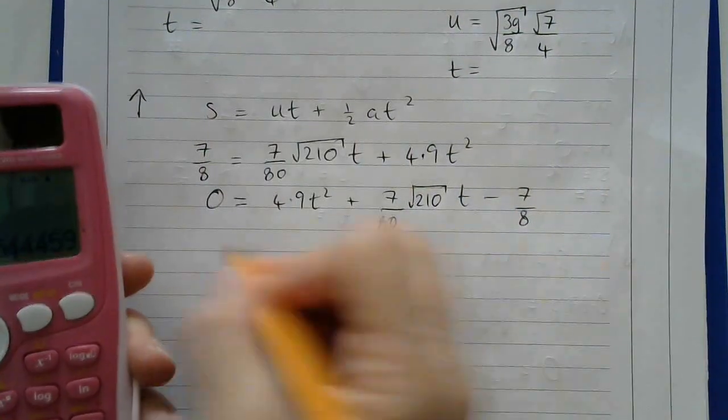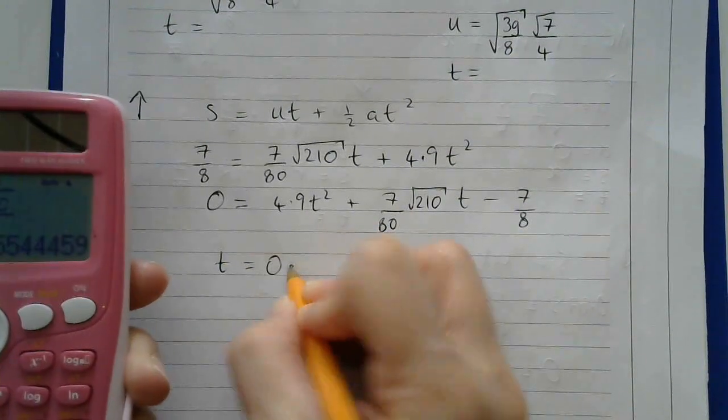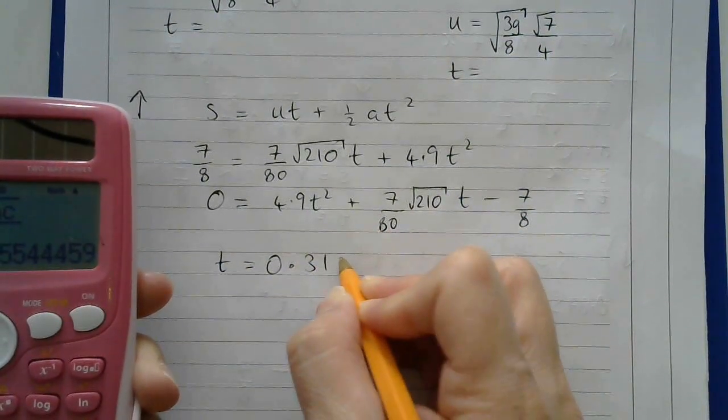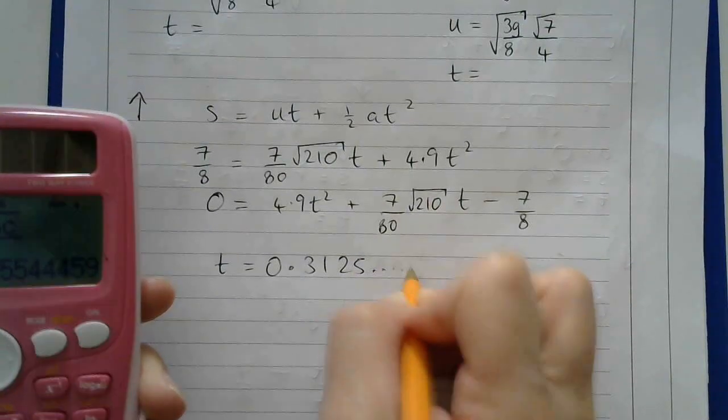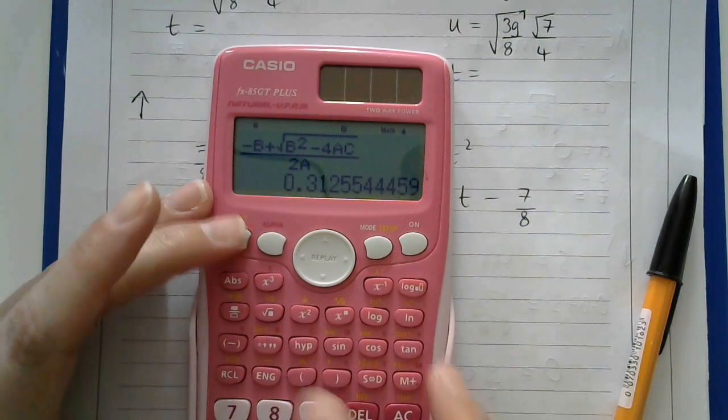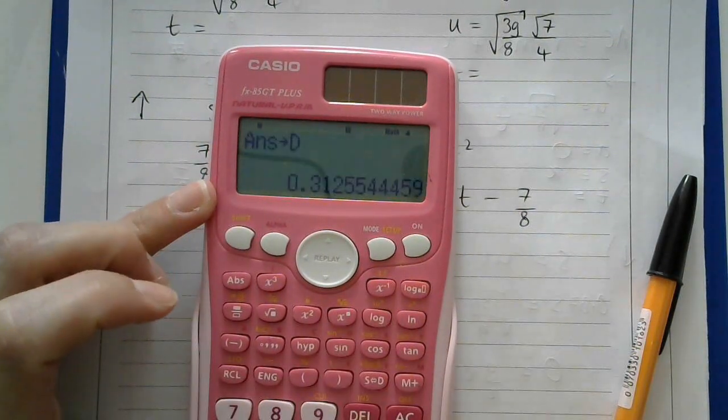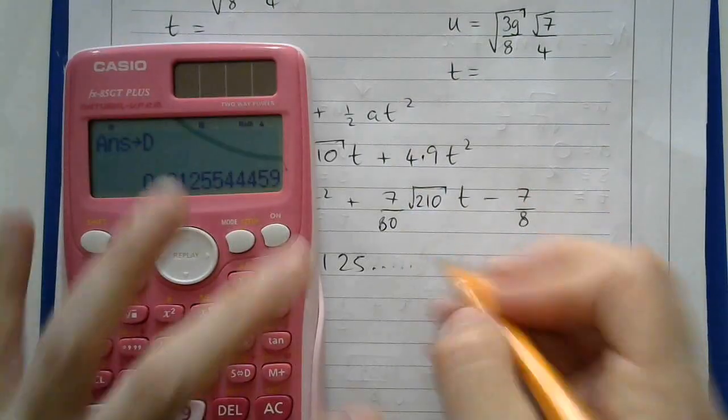And so I get that T is 0.3125... Okay, I'm going to save that into my memory D, store D, and just make a note for myself of where I stored it.